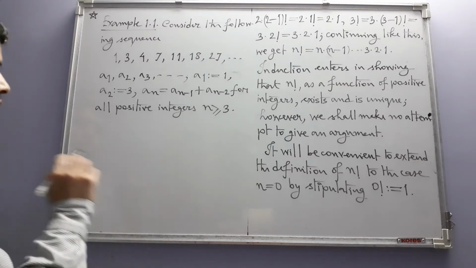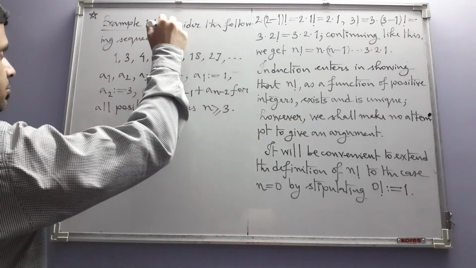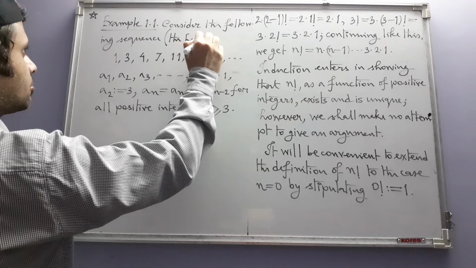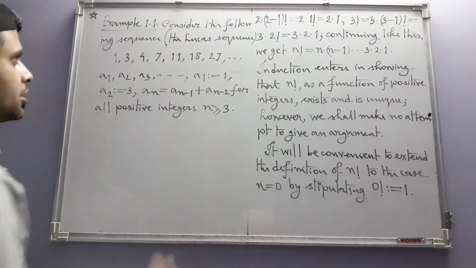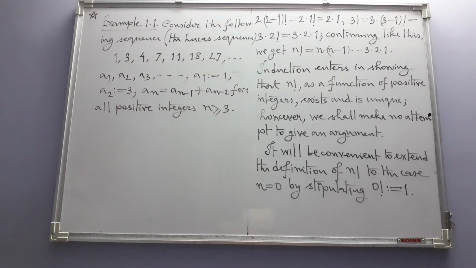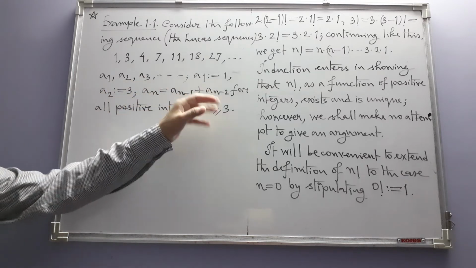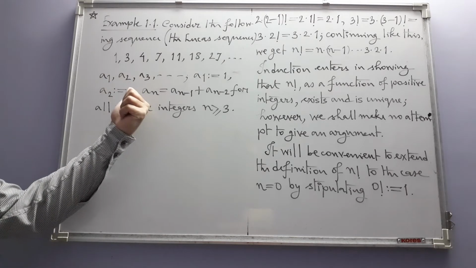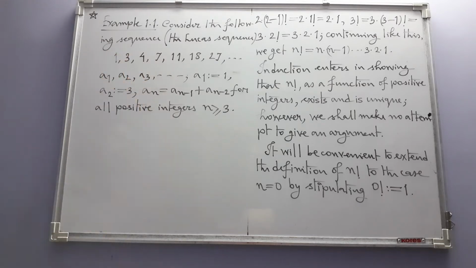Now this sequence has a name, known as the Lucas sequence. There are other sequences like this which follow a similar rule of the terms being the sum of the previous two terms. One such sequence is the Fibonacci sequence, which starts with two ones instead of 1 and 3.